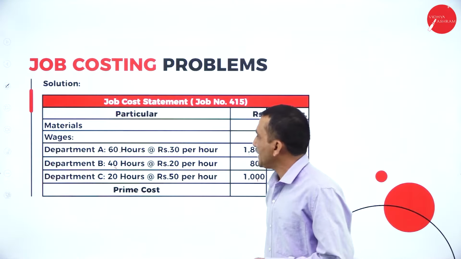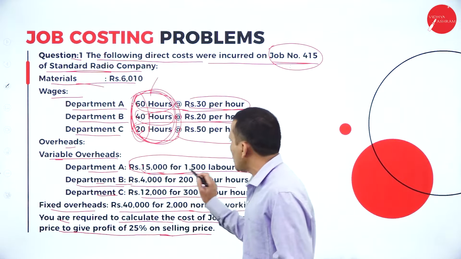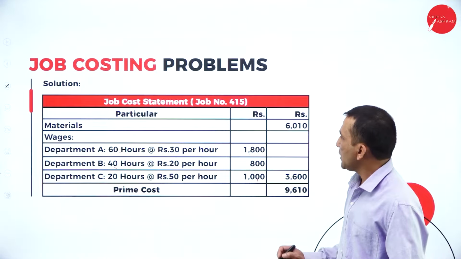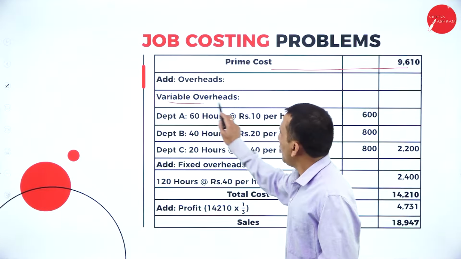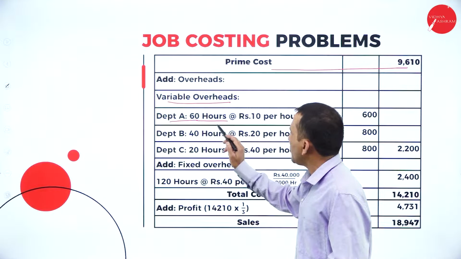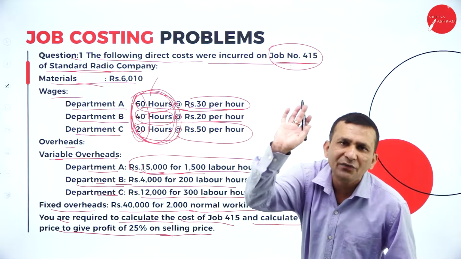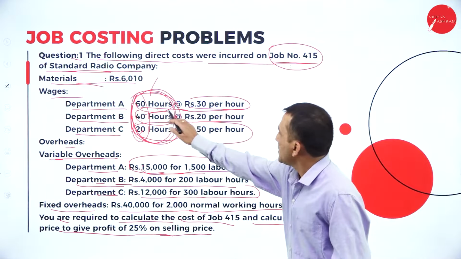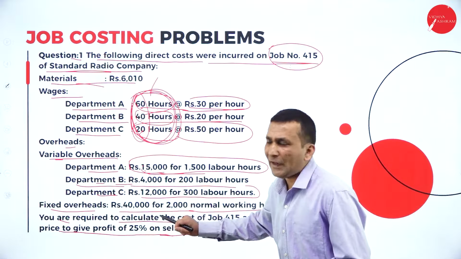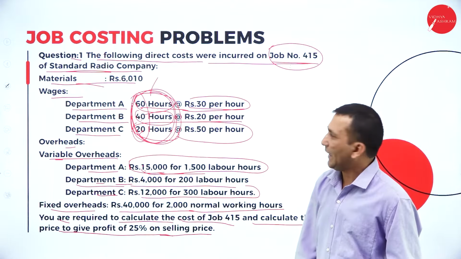Now moving to overheads, variable overheads, department A: 15,000 for 1,500. Now we are taking 60 hours because the normal working hours given in the question are 60 hours. We need to consider only the normal working hours. The rate is missing here, so we will find it out: 15,000 divided by 1,500, easily you can get the rate.